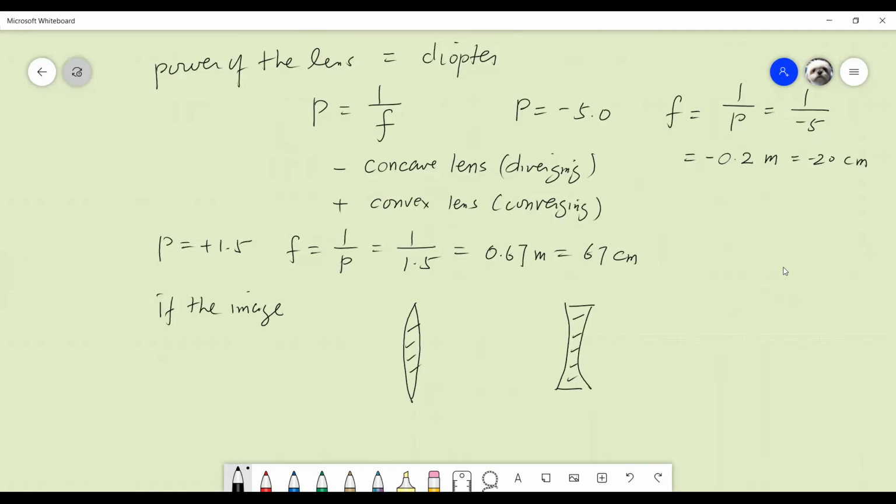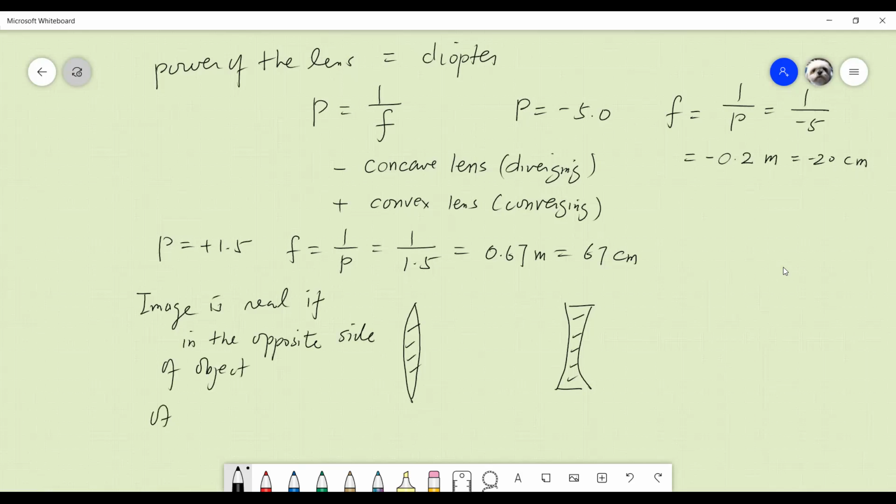For the lens, this interpretation is exactly opposite. For any type of lens, the image is real if it is on the opposite side of the object. Otherwise, it is virtual.